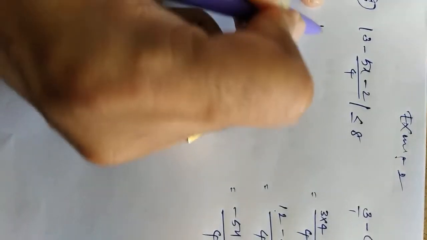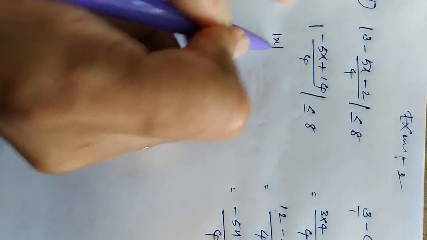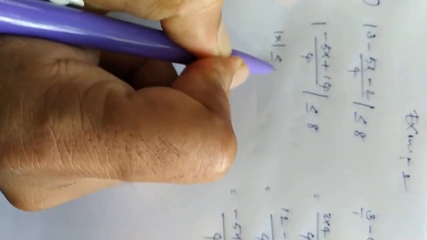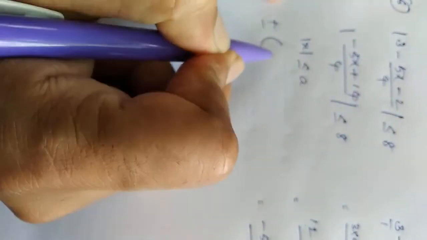So this is equal to minus 5x plus 14 divided by 4, modulus less than or equal to 8, which is in the form of modulus of x less than or equal to 8. So we can remove the modulus and take plus or minus.